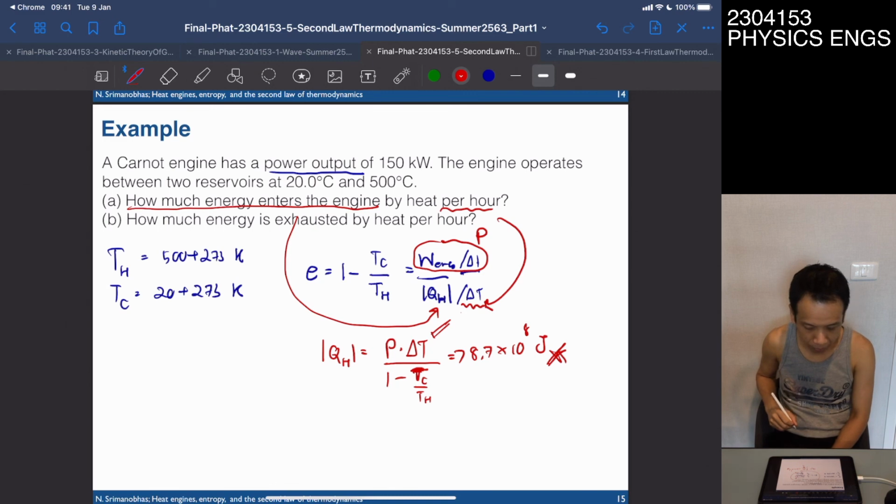And then how much energy is extracted by heat per hour?